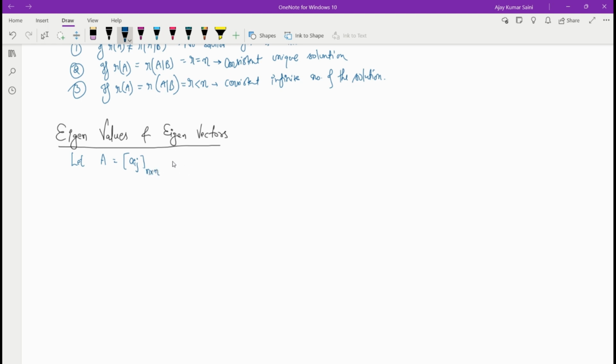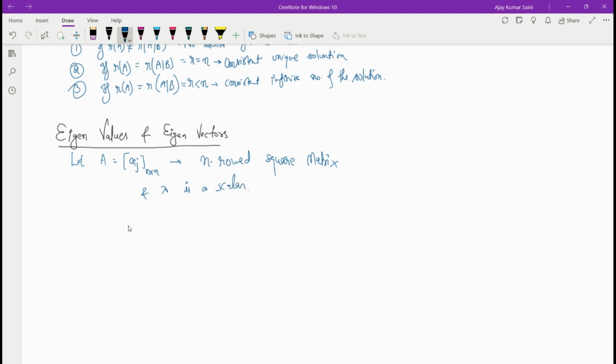Okay, and this tells us it is an n-row square matrix. Okay, and lambda is a scalar, it is a scalar quantity.